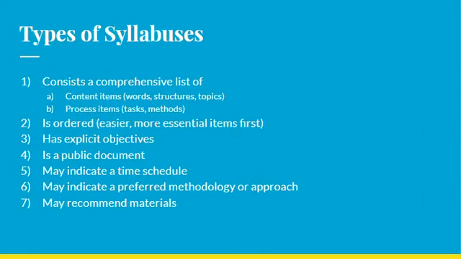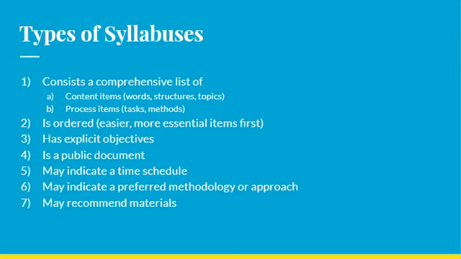Okay, and the book says the next thing that we need to think about when we're designing a course is the types of syllabus we're going to use. So the first syllabus is just kind of a general syllabus for any kind of course that you're teaching. It doesn't have to be an ESP course.